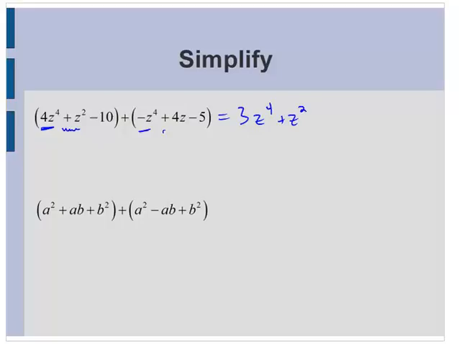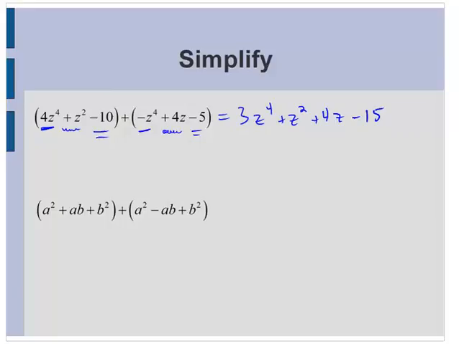I've got this plus 4z that doesn't combine with anything, so I'll just write it. And then finally I have a couple of constant terms that combine to minus 15. Notice I've written this in descending order.